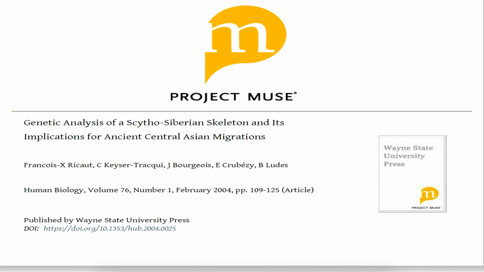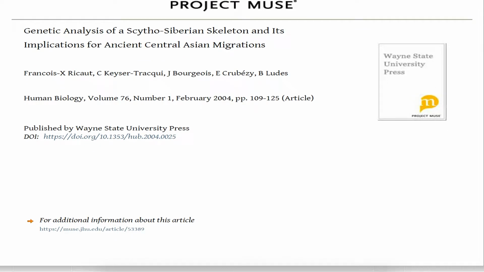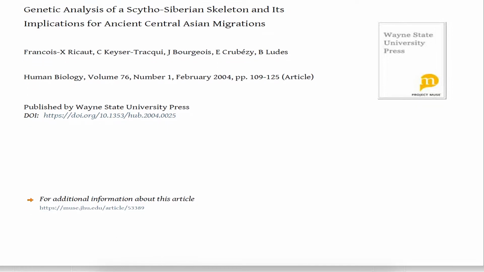Alright, in our first paper we have genetic analysis of a Scythio-Siberian skeleton and its implications for ancient Central Asian migrations. Alright, it's published by Wayne State University Press. We see the authors right there.